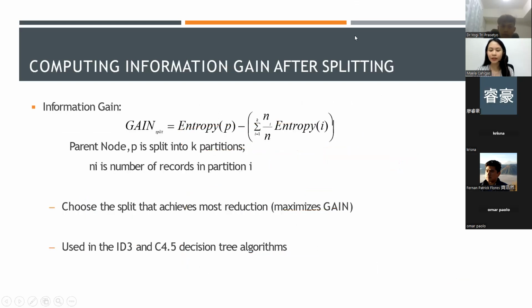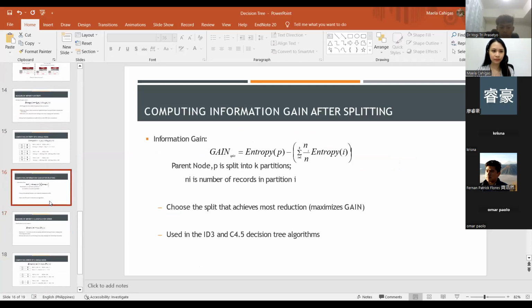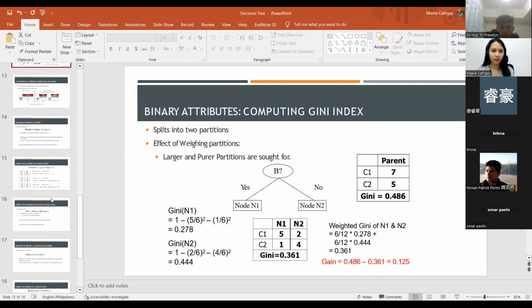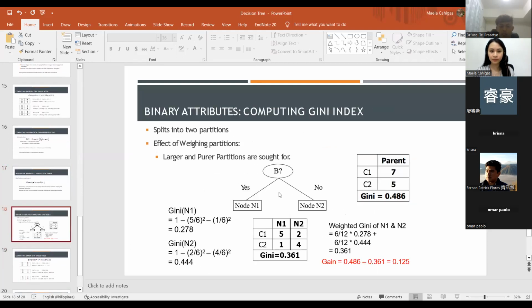But how about the computation of gain? The computation of gain is also similar to that one. So we just have to change these values.